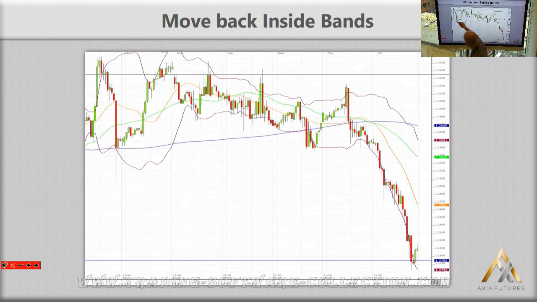So this example is really nice, that you get the big drop out, close back inside, and then you can buy it from here. You've already got the rejection type candle, buy it from there, back up towards that midpoint. Once through the midpoint, you can then play it up to the other end of the band as well.